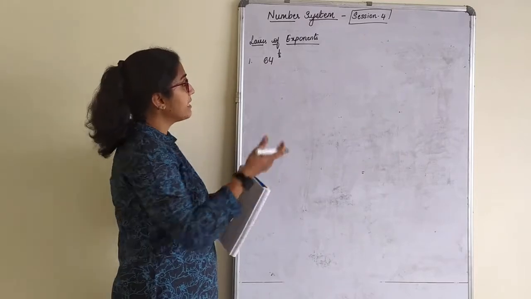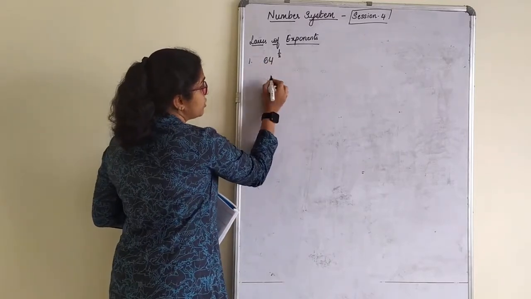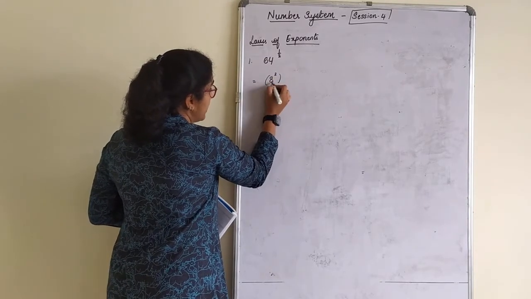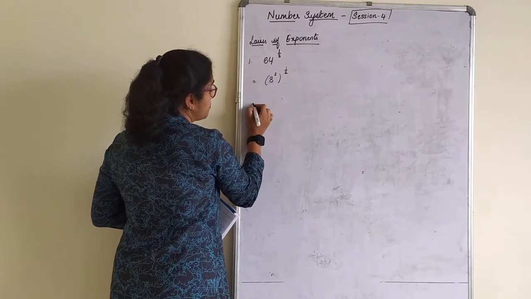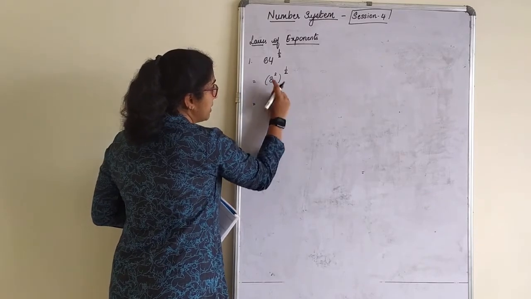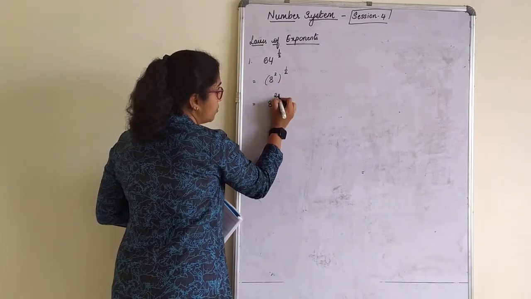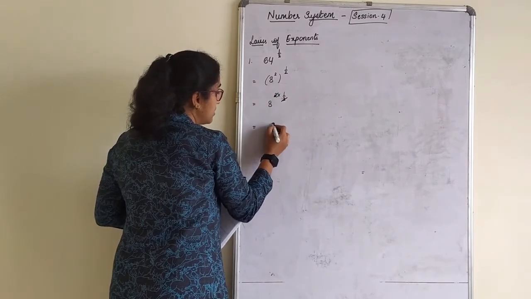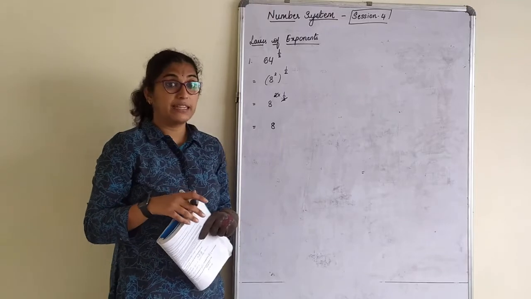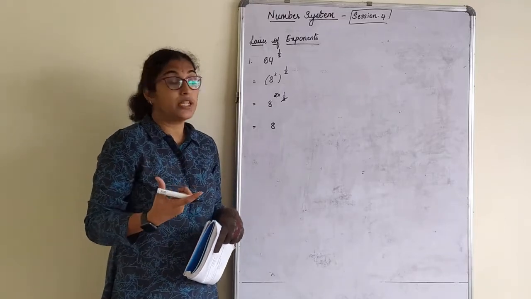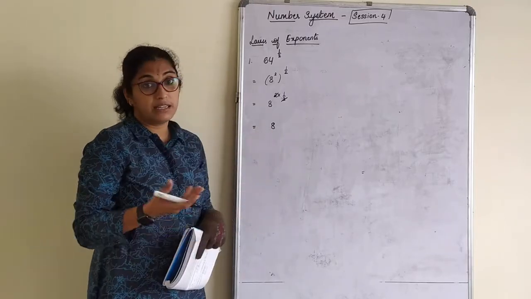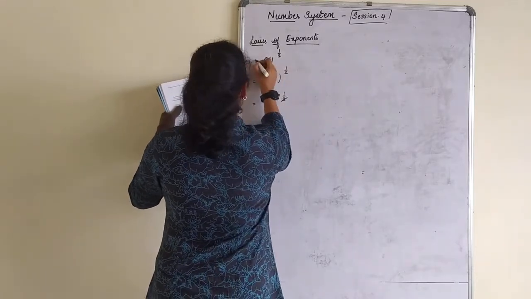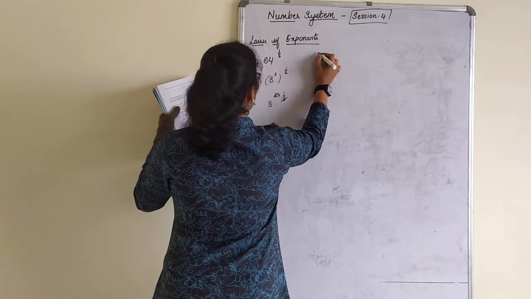Now 8 square, next step is raised to 1 by 2. So what is next step? We multiply as per the law. 2 into 1 by 2, 2 and 2 will get cancelled. Answer is 8. In case they had given, keep the answer in exponential form, 8 can be written as 2 cube. This is the first one.